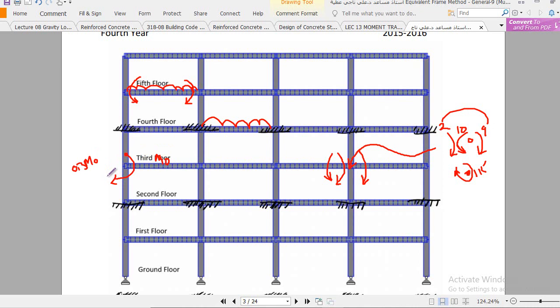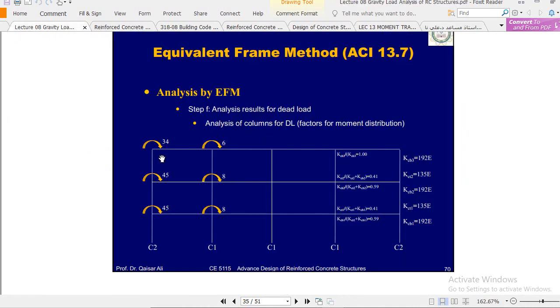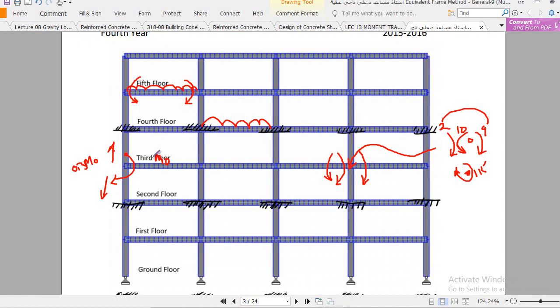Now this moment will be distributed to the top column and the bottom column in view of the stiffnesses of these columns, as I already explained. You get this 45 by using that 30% of M0.